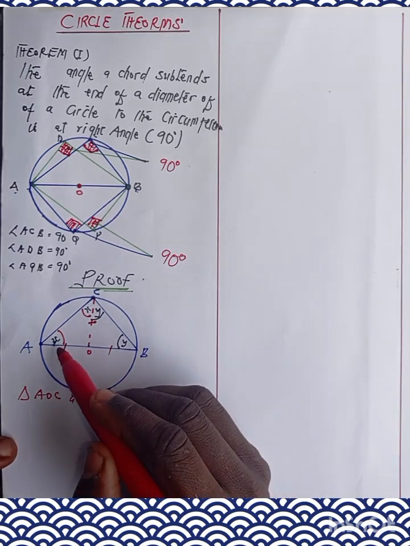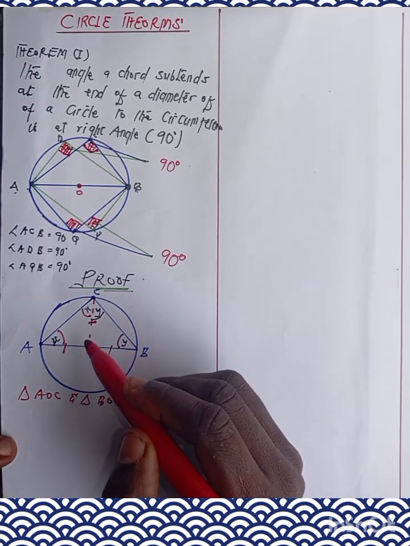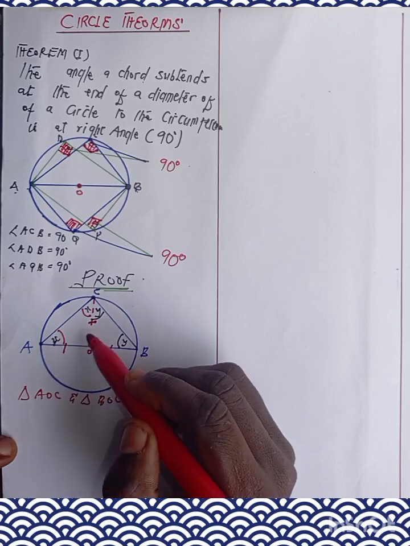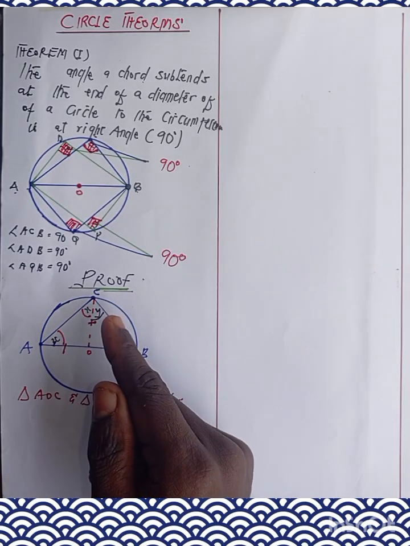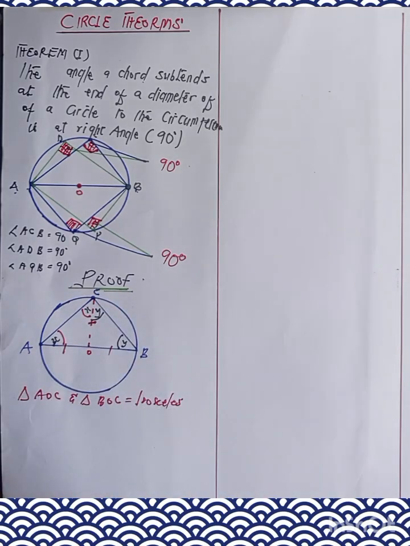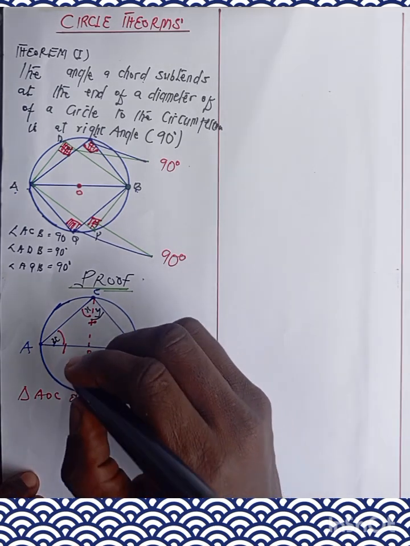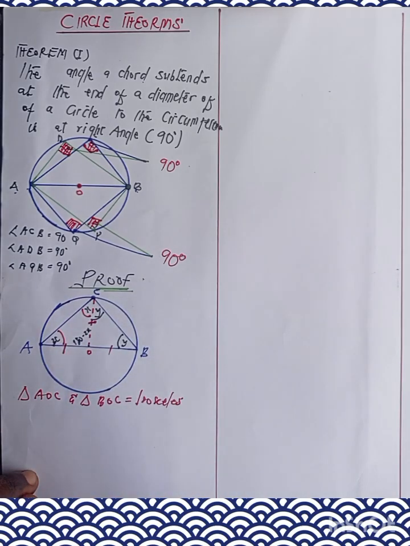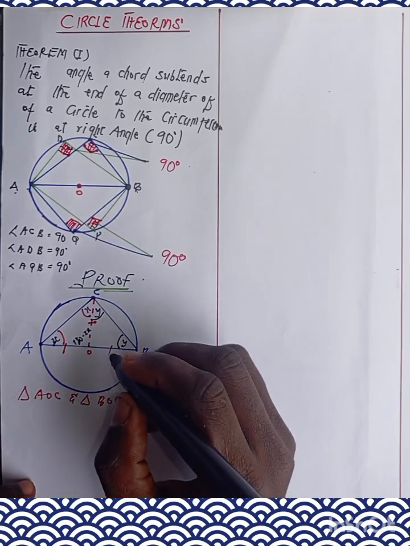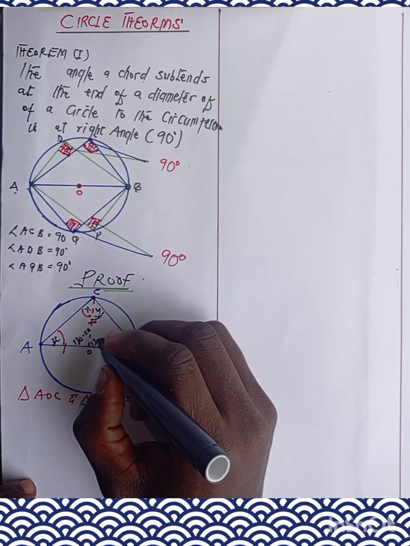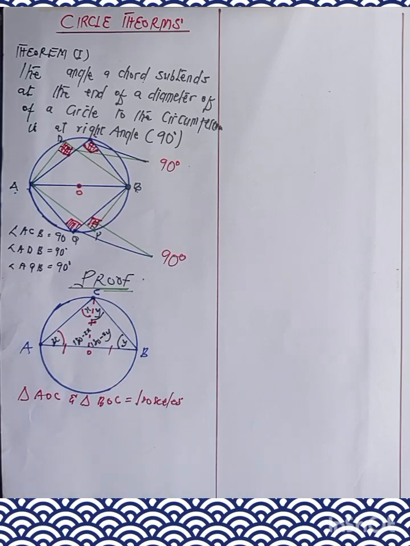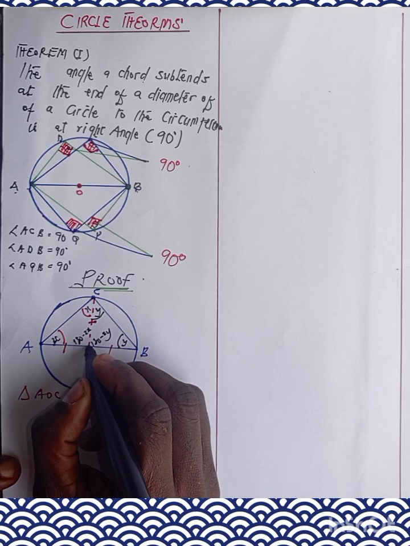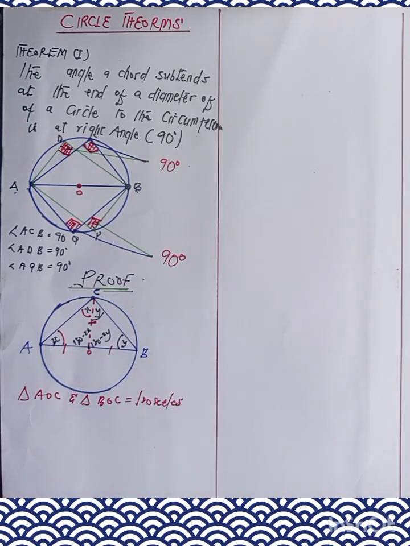So if this angle is X and this angle is X, what will be the angle AOC? Now you can see that X plus X plus, let's say, AOC is equal to 180. Therefore, angle AOC will be equal to 180 minus 2x. So we have this angle as 180 minus what? 2x. And this angle is also going to be 180 minus what? 2y. Now we can use angles on a straight line to find the values of x and y.